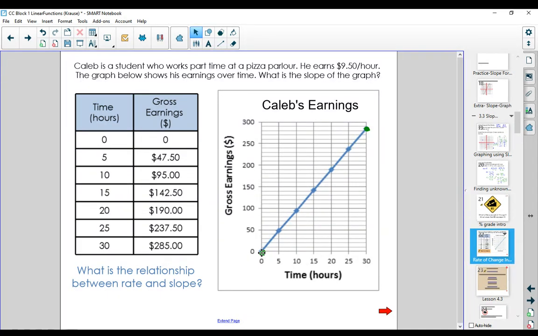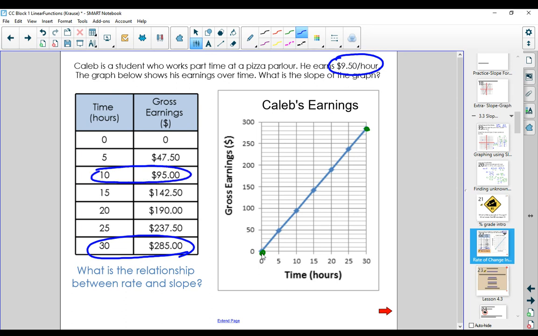Well, his rate is $9.50 per hour, and it's expressed as a rate because it's dollars per hour. If we were to actually calculate the slope here, so if we took the 30 and the 285, and, say, the 10 and the 95, if I use my slope formula, I would have 285 minus 95 all over 30 minus 10.